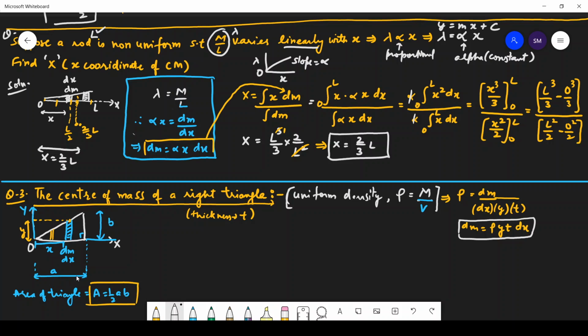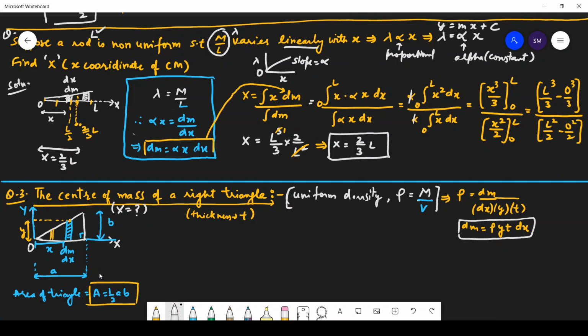So for the center of mass, I need to change the question: the x coordinate only I am going to find here, not the y coordinate.